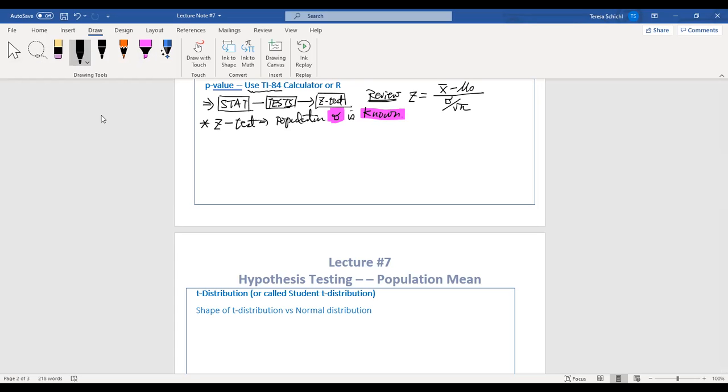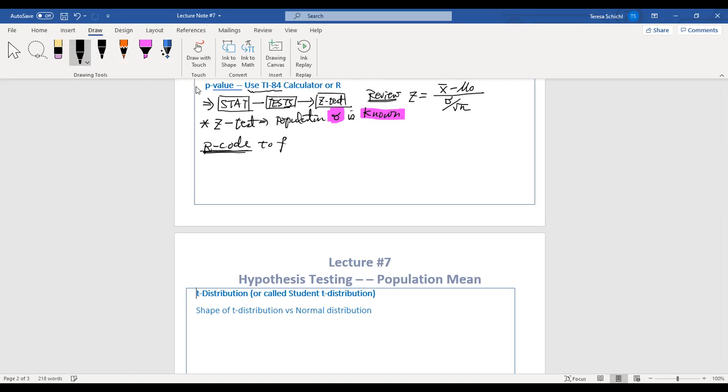Okay, so how do we use R? The TI-84, we know how to use. The R code here is also pretty good, because our server has certain functions loaded into it. So this is how we use the R code to find our p-values.